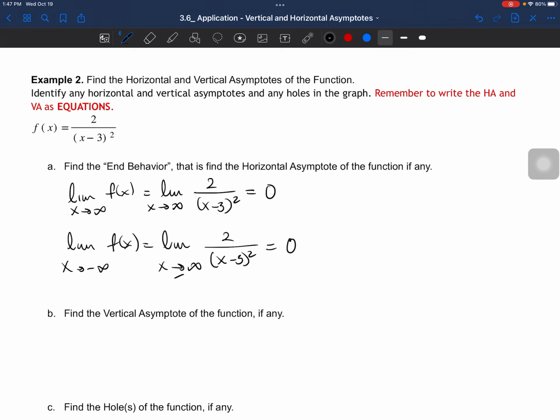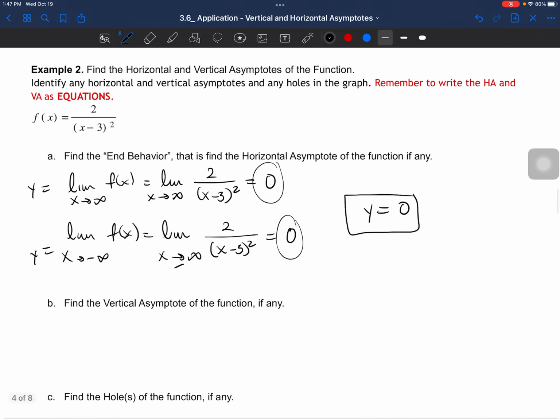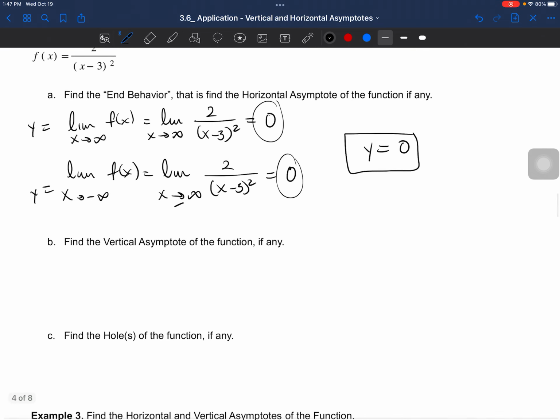We have found that these are approaching the same value, so there is a horizontal asymptote, and the horizontal asymptote happens to be that value, y equals 0.